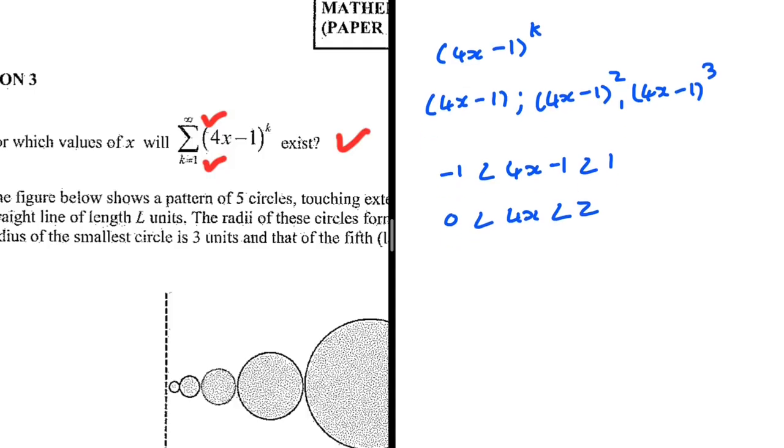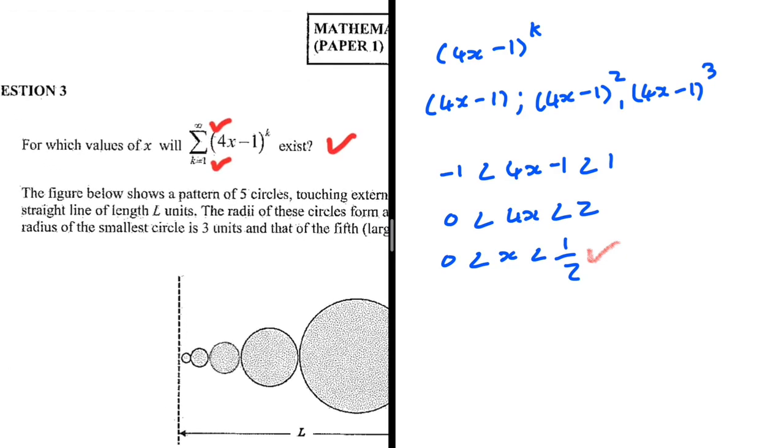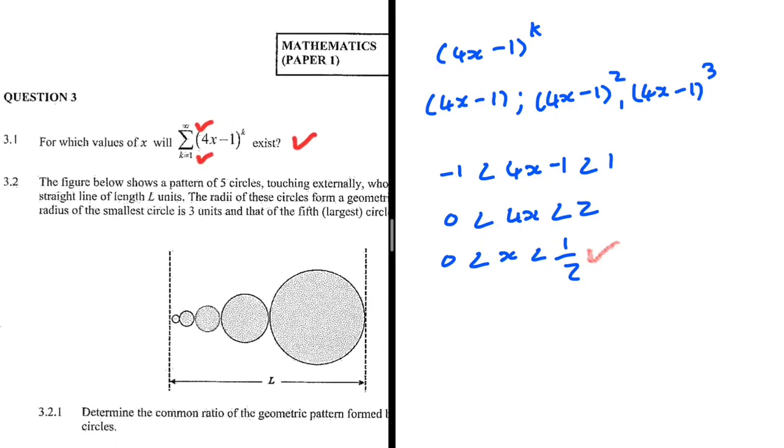So let's go ahead and divide all sides by 4. 0 divided by 4, that is 0. And then 2 divided by 4 is 1 over 2. So when x is between 0 and a half, this sum will exist, right? Because r will be between minus 1 and 1. The series will be convergent. So there we go, that is 3.1.